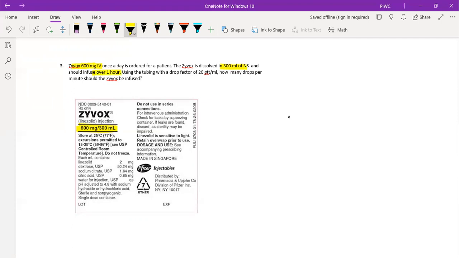We have the drop factor, which is given here. And what are we looking for? We're looking for drops per minute. In other words, you want to end up with GTT per minute. So how can we get to GTT per minute?